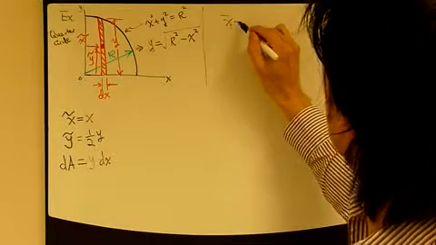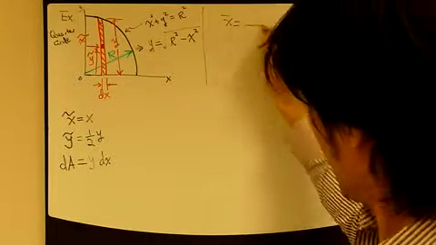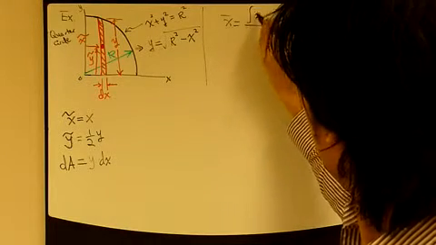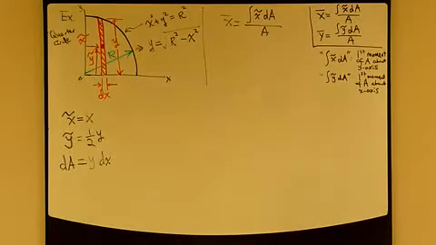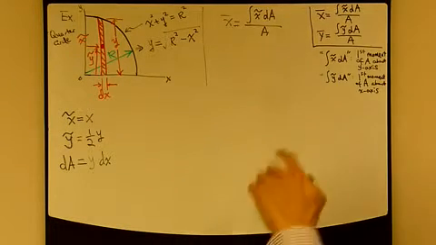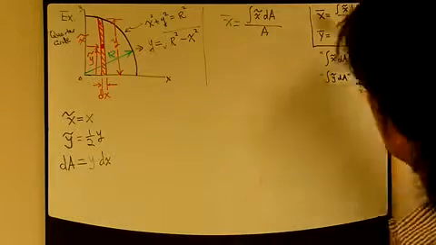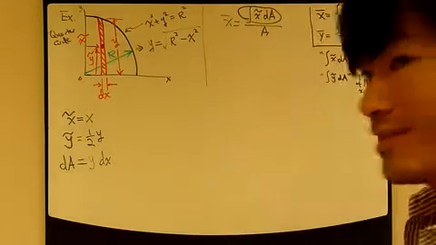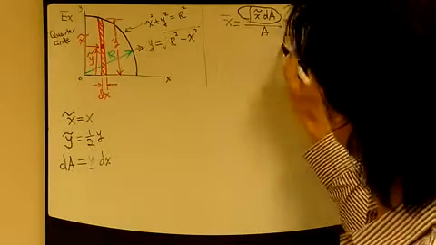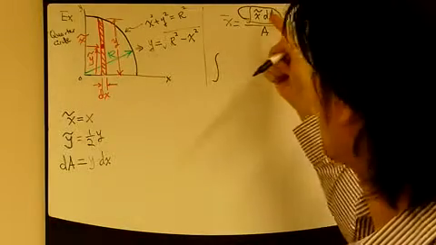I'm going to do x bar first, which is the integral of x tilde dA over the area. Just to keep things cleaner, I'm going to calculate the numerator separately, which is the first moment.